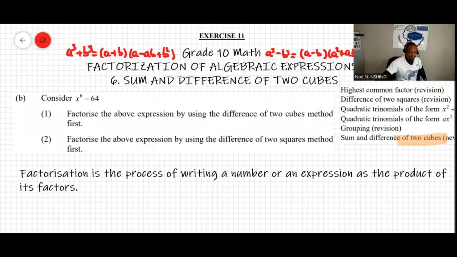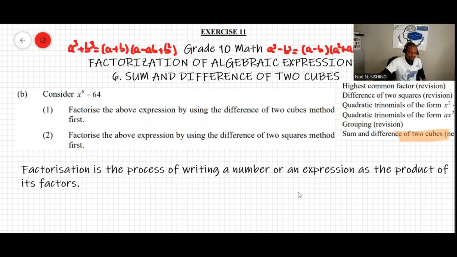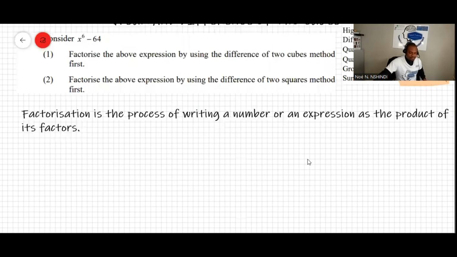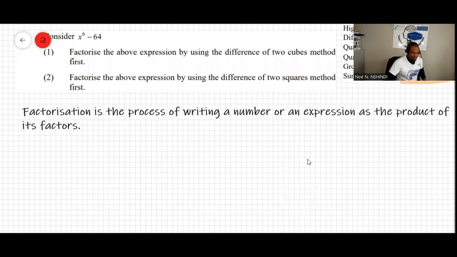Now, question B says, consider x to the power 6 minus 64. Part 1 says factorize the above expression by using the difference of 2 cubes method. Okay, now I'll move it up there. Question B1: we have x to the power 6 minus 64.